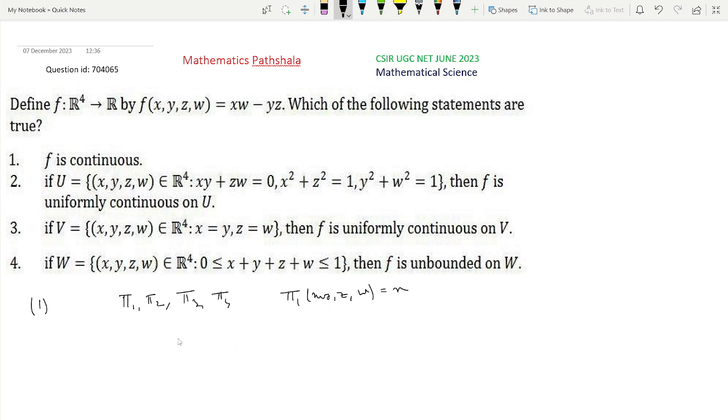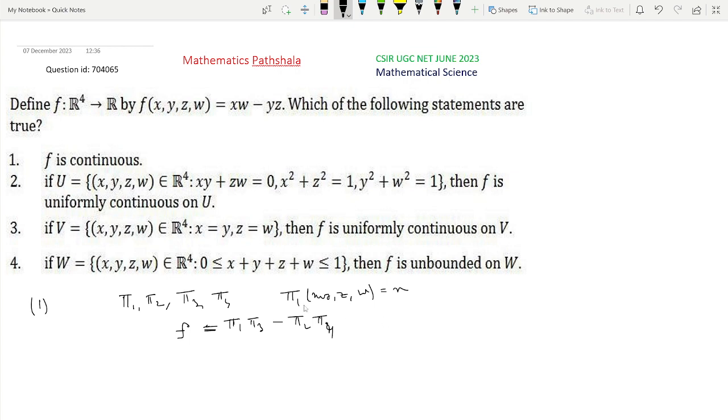So clearly this f can be written as pi 1 pi 3 minus pi 2 pi 4. I am not writing explicitly that f(x, y, z, w) equals pi 1(x, y, z, w) into pi 3, just written in short form: f equals pi 1 pi 3 minus pi 2 pi 4.